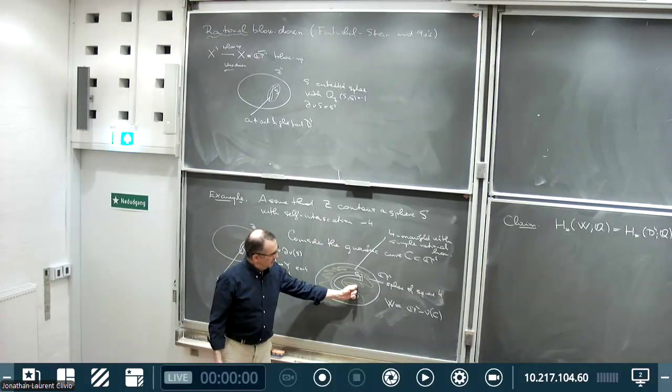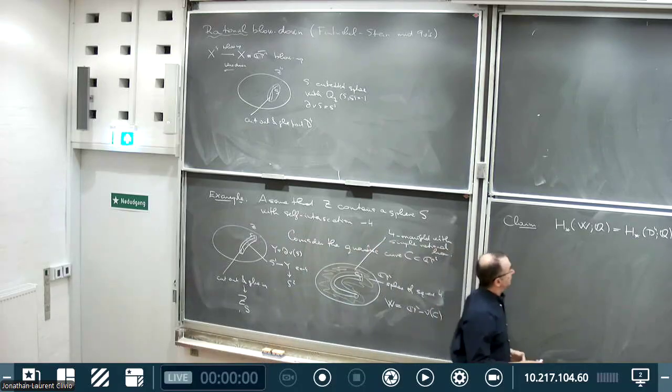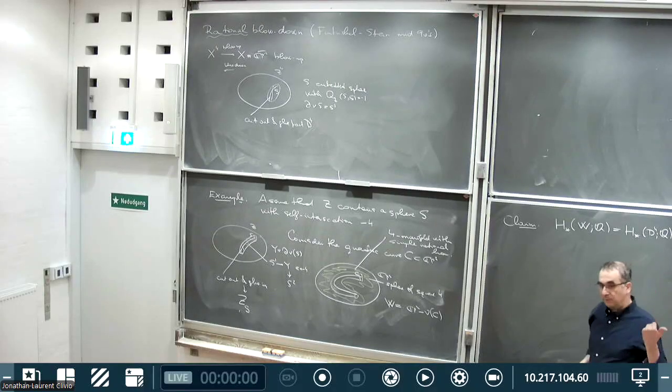And so this yellow thing has this property: the single generator of H2 of CP2 is in the neighborhood of C, which we remove.